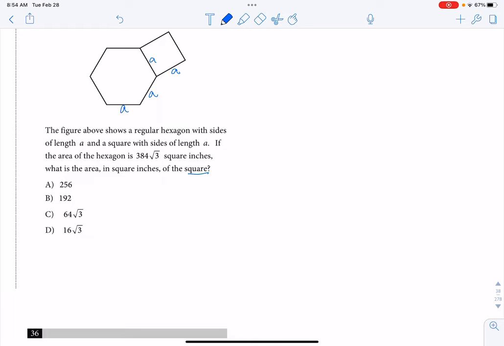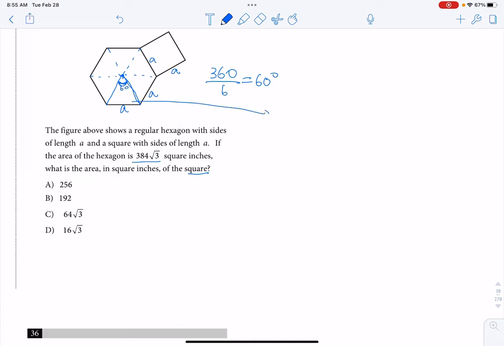If the area of the hexagon is 384 square root of 3, put this point as the center of the hexagon and draw a triangle here. You can draw the same triangle like that 6 times in a regular hexagon, so I will divide 360 in a circle by 6, which is 60 degrees. So you can say this angle is 60 degrees.